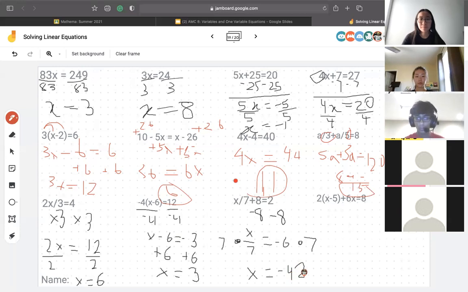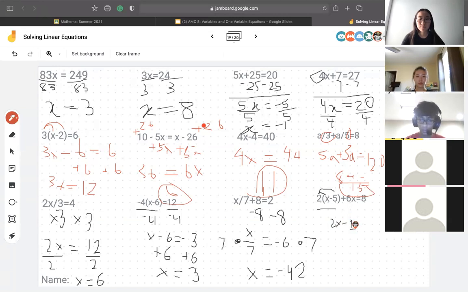And for this last one, we can do something called distributing, and we're going to expand this part of the first equation, and we're just going to simplify the first equation and get something simpler. So we're going to distribute this, going 2x minus 2 times -5, or 10.